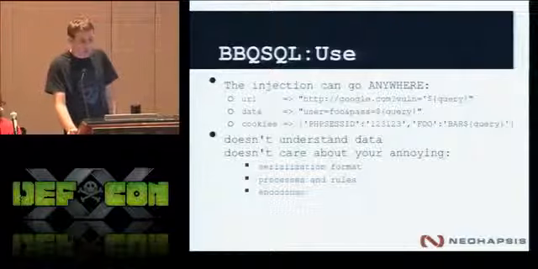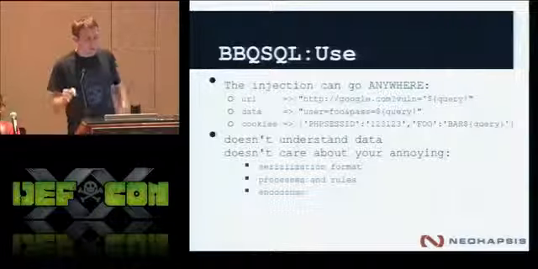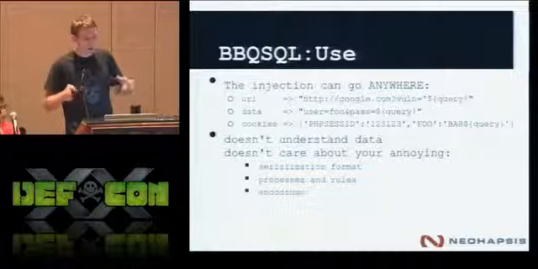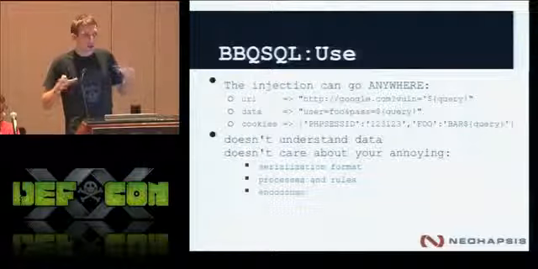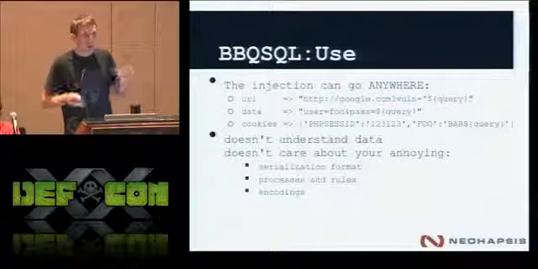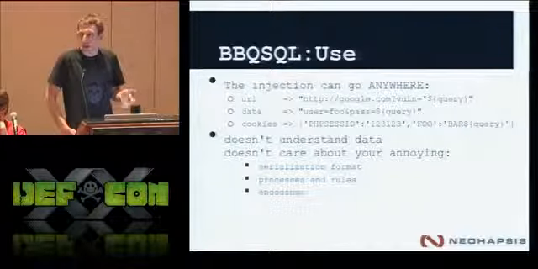One of the other kind of cool things that I tried to do, and I got some flak from some Python guys for this, I made it so for specifying cookies and for headers, you don't have to write it out like it is in the raw HTTP packet, because that's how a lot of tools are. You can specify it as a dictionary, like a Python dictionary.